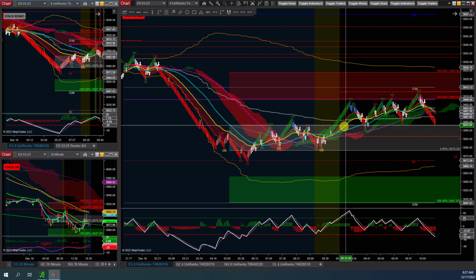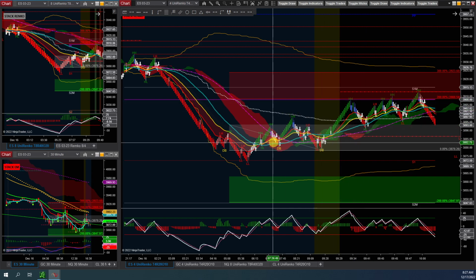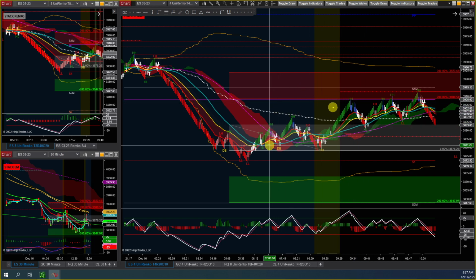Okay, so I see that level there, and I can draw another box right here. I'm going to put it right there because of that high and that one.